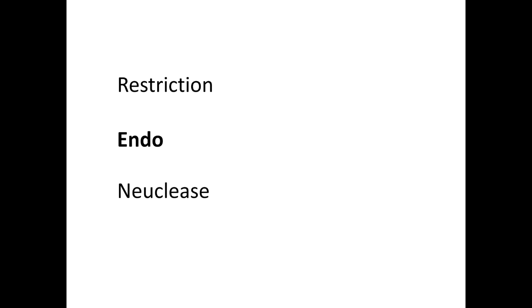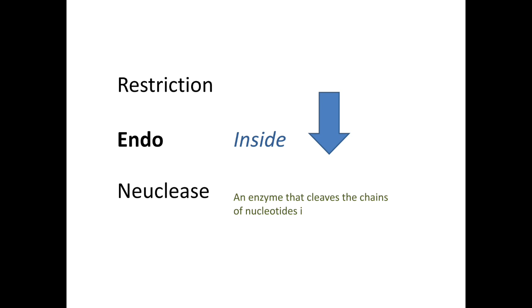Well, not like this. Maybe like this: restriction, endo, and nuclease. What does endo mean to you? Endo means inside, and nuclease is an enzyme that cleaves the chains of nucleotide in nucleic acids into smaller units.